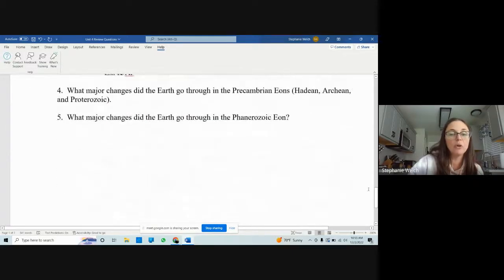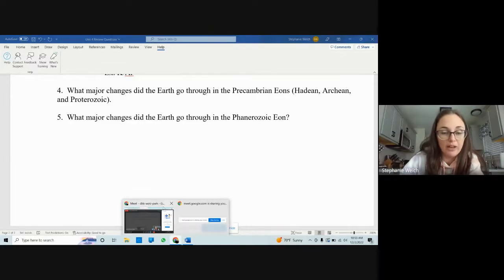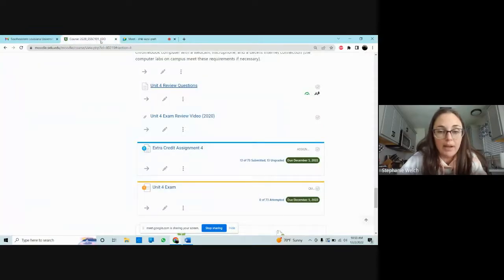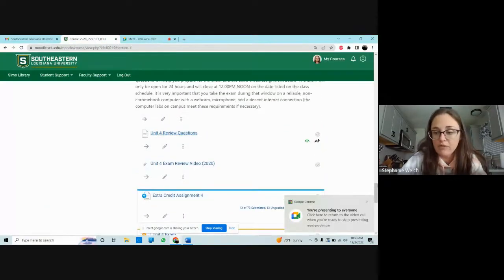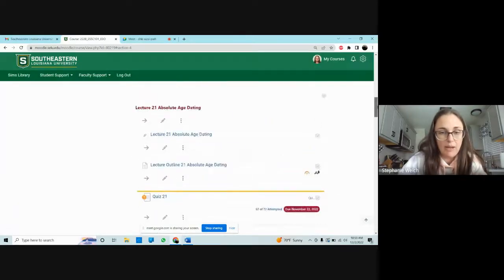And then with 4 and 5 here, what major changes did the Earth go through in the Precambrian, and then 5 in the Phanerozoic? It really helps to have a geologic time scale to look at. So what I'm going to do here is go back into Moodle, and find, yes, I know I'm presenting to everyone. Okay. I'm going to go back into Moodle here.